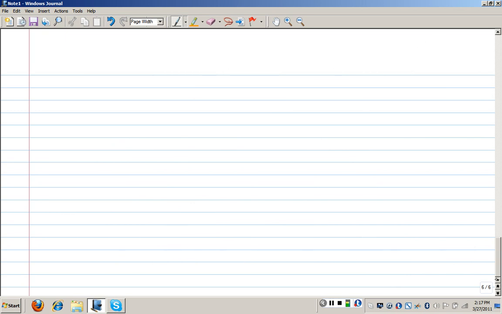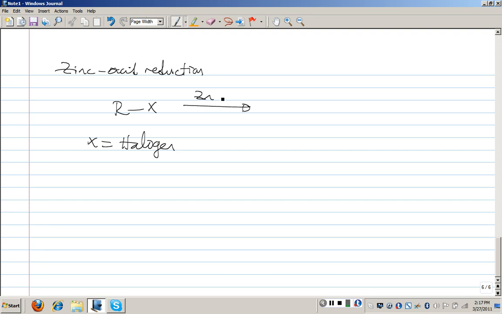Finally, another way of introducing labels is to do what's called zinc acid reduction. If I, for example, take a haloalkane, where X is a halogen, and I treat it with zinc and H+, what I'll get is RH plus zinc 2+ plus the halide ion.